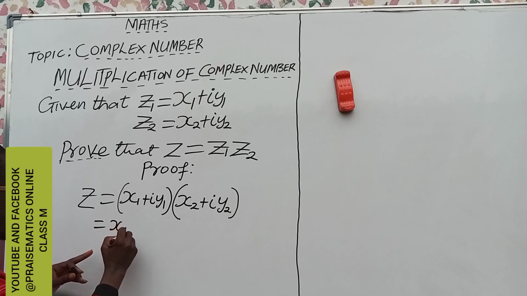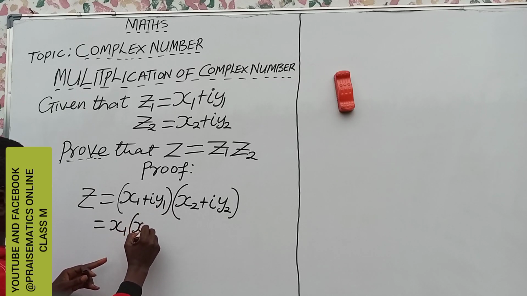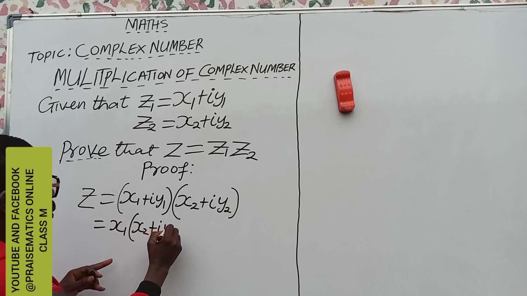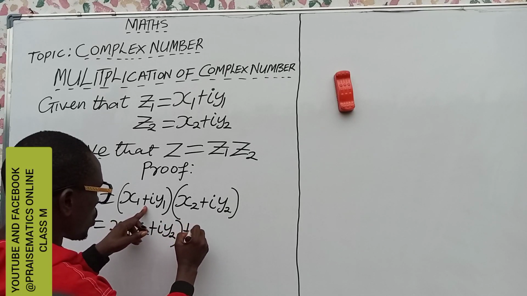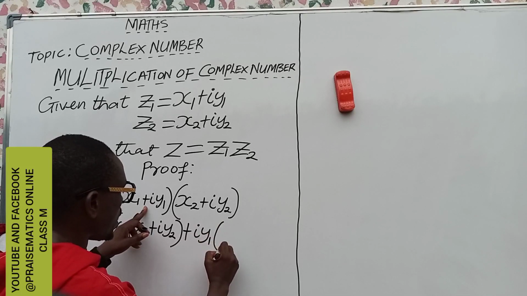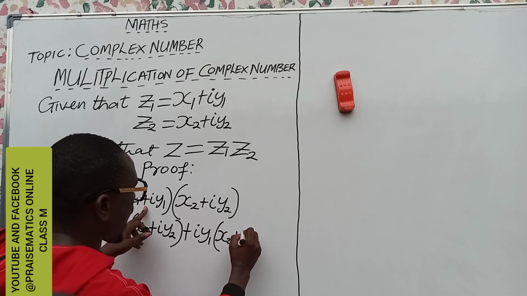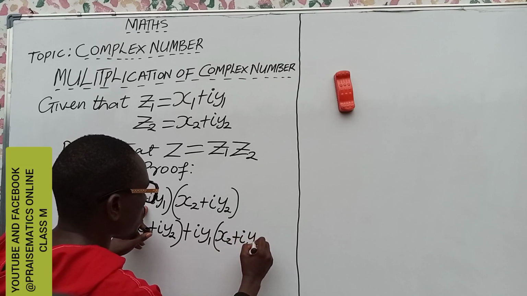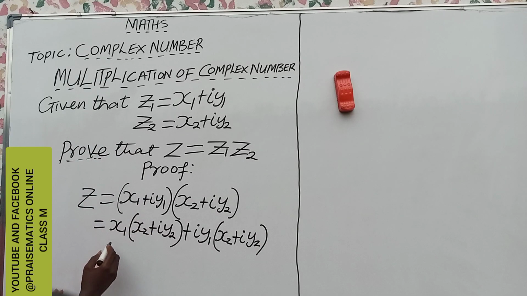Bring x1 into x2 plus iy2, close it, plus iy1 into x2 plus iy2, close it. So now when we solve this, what do we get?